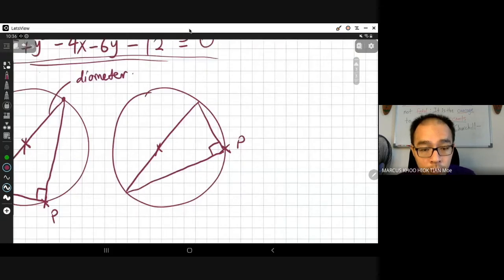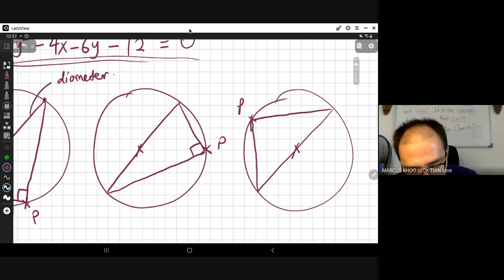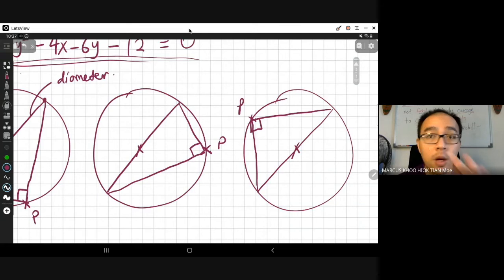If I move P to the other side, here is the center, this end of the diameter joined to P, this end of the diameter joined to P, also 90 degrees. Always will be 90 degrees.